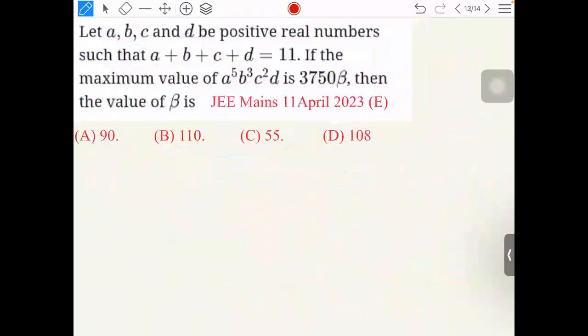Okay, now solve this question, which came this year itself, JEE Main April 2023.